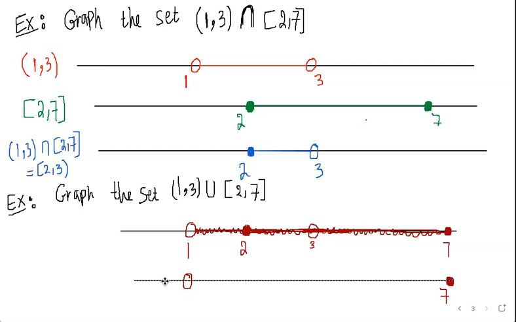And there is a line between these two points. Here's the line. So this is the graph of 1, 3, union 2, 7. The answer is the open interval from 1 up to 7. At 7 is closed. Okay.